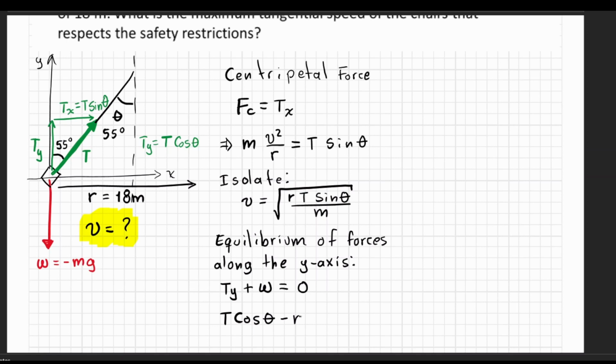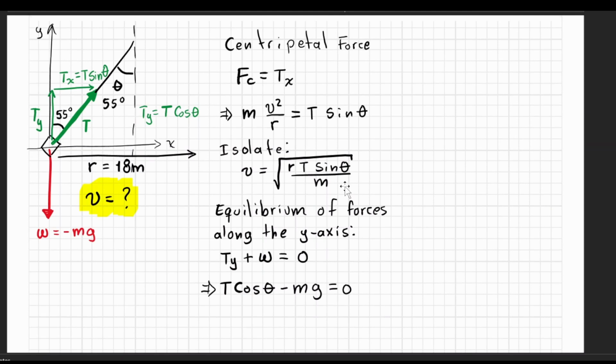The weight is the negative mg. From here, we can isolate T, the tension that we need, and we would get mg divided by cosine of the angle. So we have these two equations. We have equation 1, and we have now equation 2.